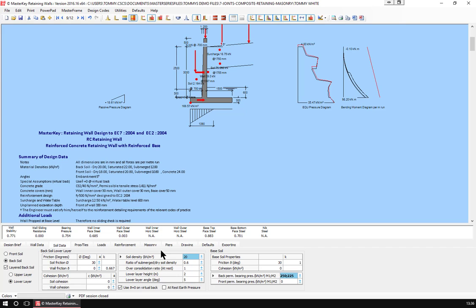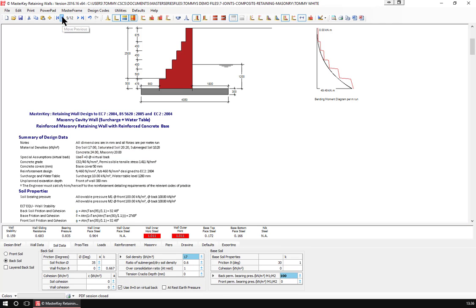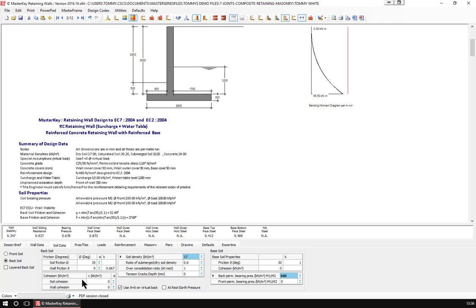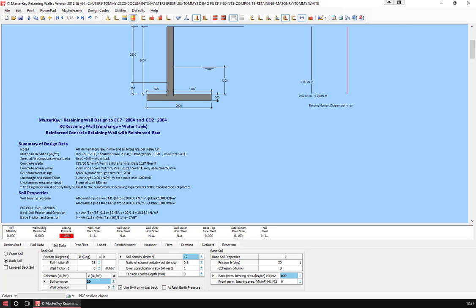Obviously, the things that we never really, as engineers rather than geotechnical people, touch are things like soil cohesion. So if I was to go right the way back to one of my initial walls, I can say that my back soil has a cohesion of 20, and suddenly that increases the pressure because the weight sticks to the wall and pushes onto the base, and it causes us to have a higher pressure.